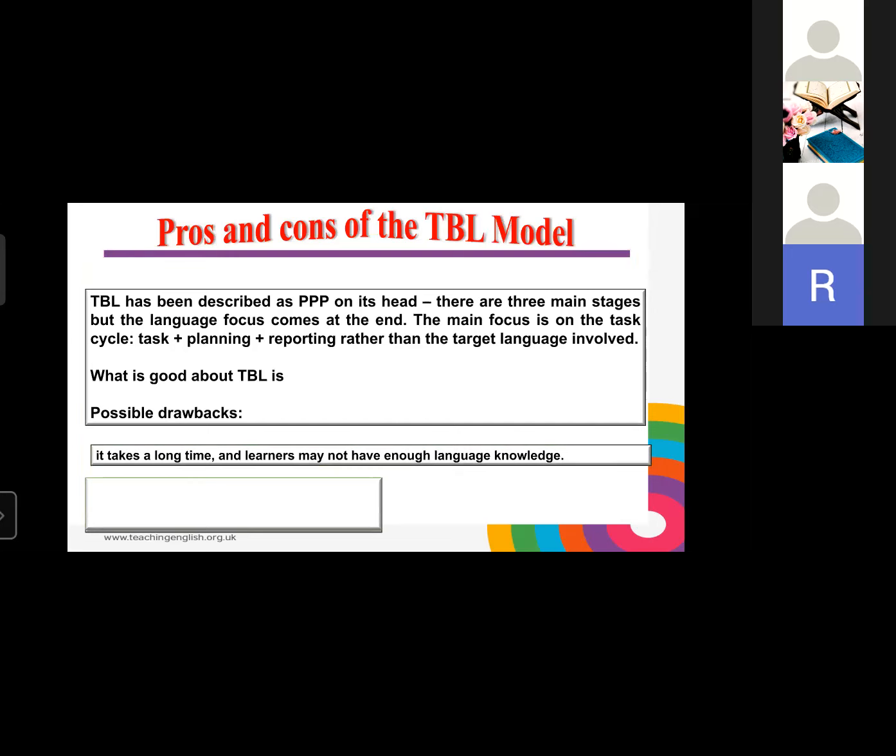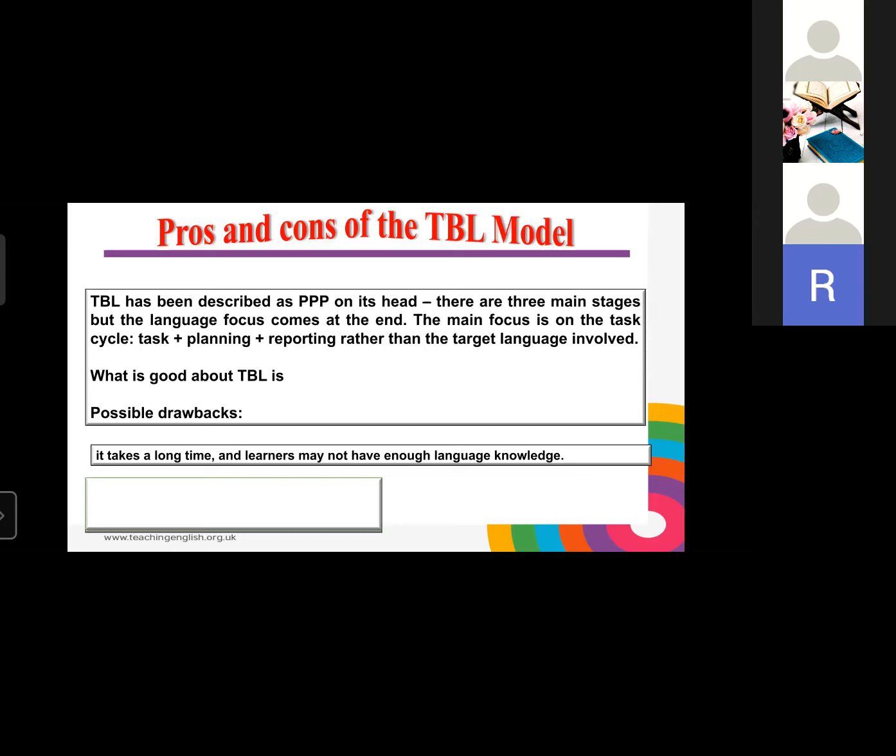The TBL model is described as PPP on its head. So it's the same. At the beginning, the teacher gives some presentation of the task. There are three main stages, but the language focus comes at the end here. The main focus is on the task cycle, task planning, reporting, rather than the target language. So the main disadvantage of this approach is it doesn't focus on the language itself.